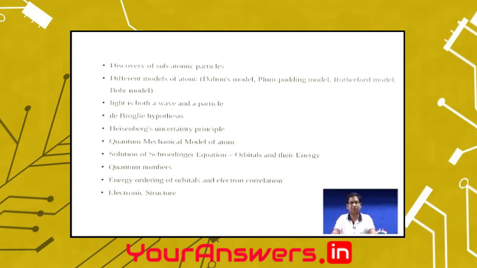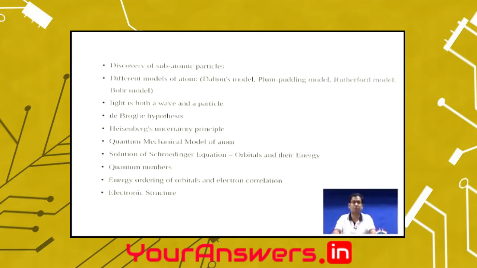In this series of lectures, we have travelled a long way. We discussed the discovery of various subatomic particles, the discovery of electron, proton, neutron. We saw how the nucleus was discovered. On the basis of those discoveries, we went through different models of atom, starting from Dalton's atomic model, which was very rudimentary in nature.